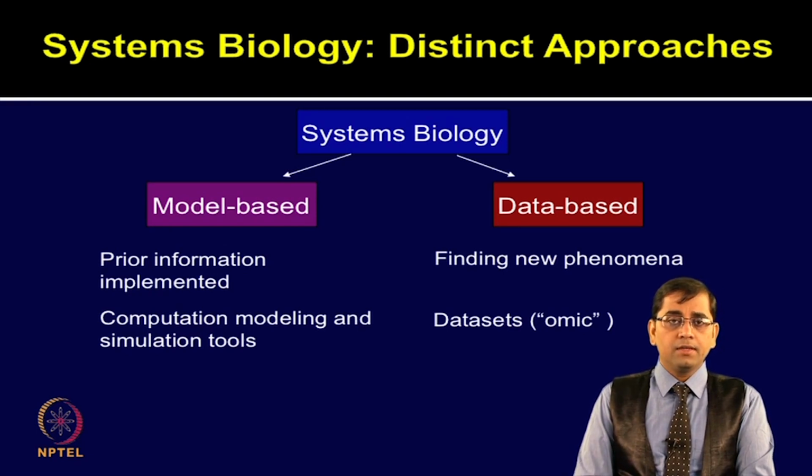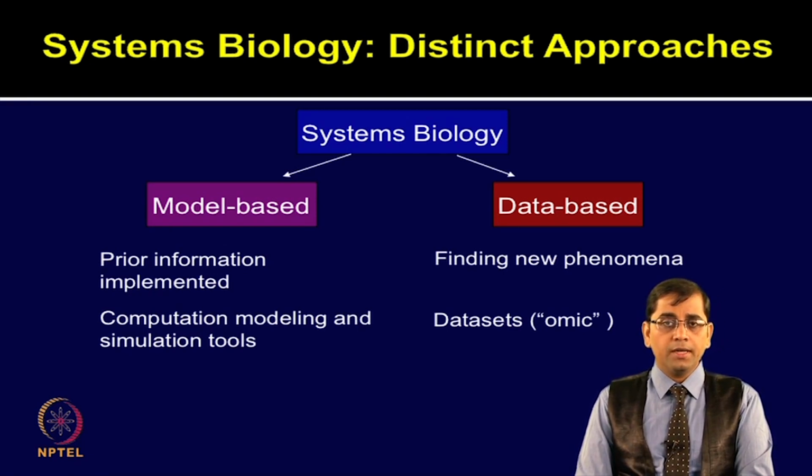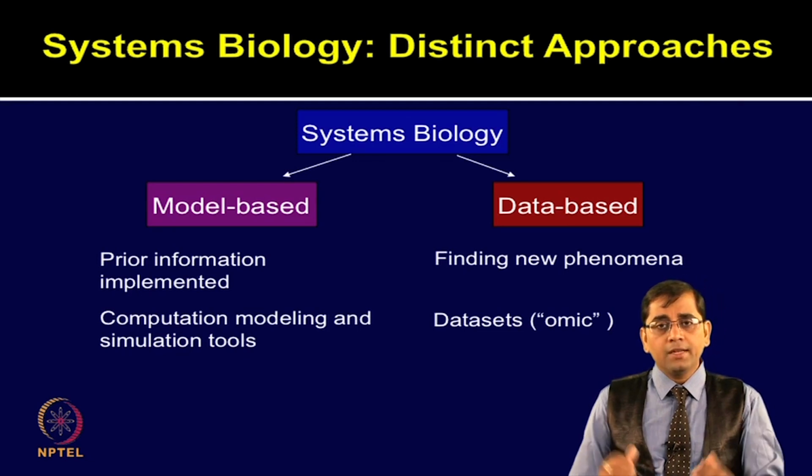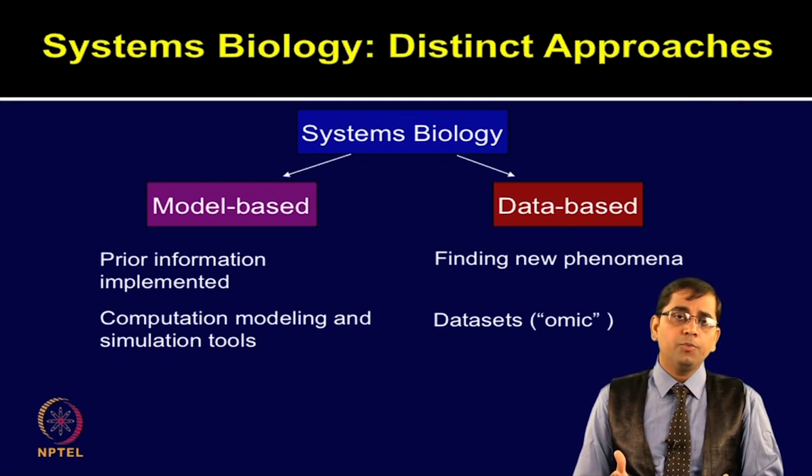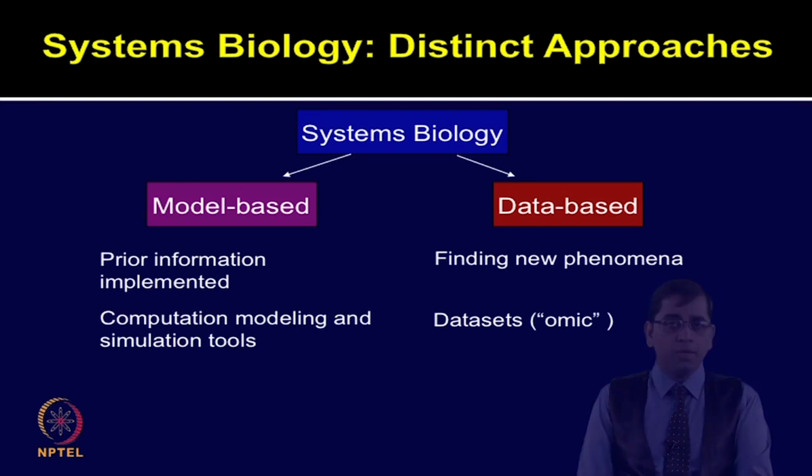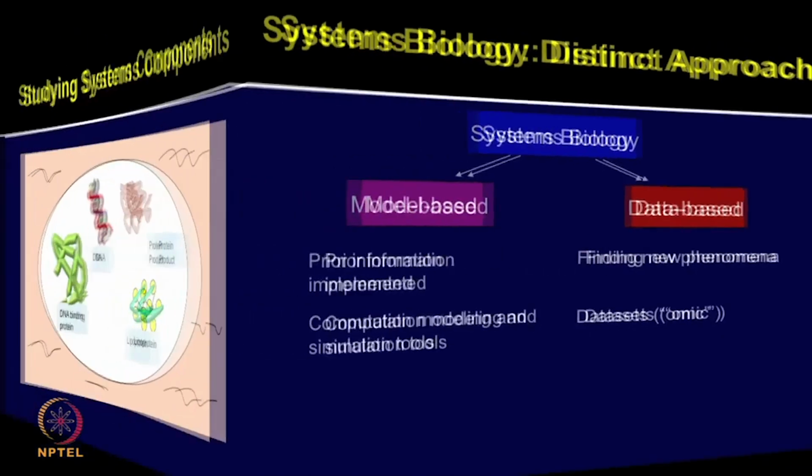The model based relies on computational modeling and simulation tools, whereas the data based methods rely on the omics data sets. In the model based systems biology approach, it is difficult to build detailed kinetic models, but in the data based approach, the complex relationship among various types of omics information, metabolic pathways and networks can be created.